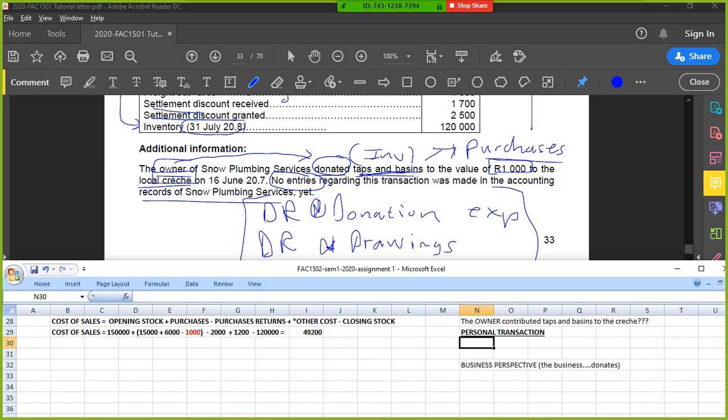It's an individual donation, not a business donation. Would you include that? No, you wouldn't. Exactly. I think maybe that's the actual interpretation here because it's a little bit vague. They just say the owner donates, but the owner can donate as an individual, or the business can donate as a business. Do you see the difference?